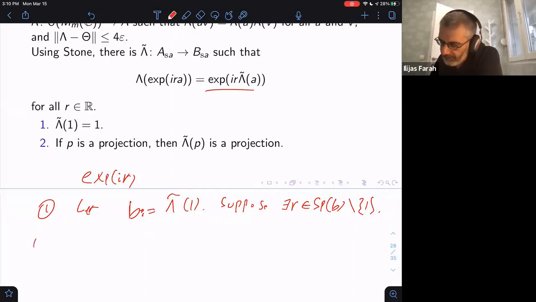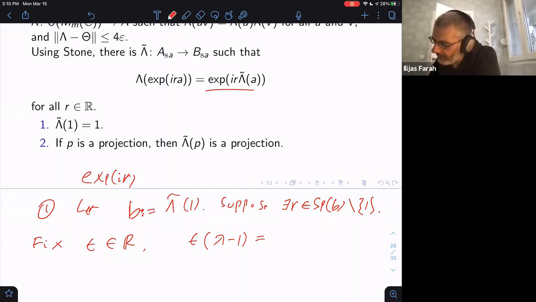Okay, so just fix t in R such that t times lambda minus 1 is equal to something nasty. I think I want pi, for example. Right? So, okay, t is pi over this.